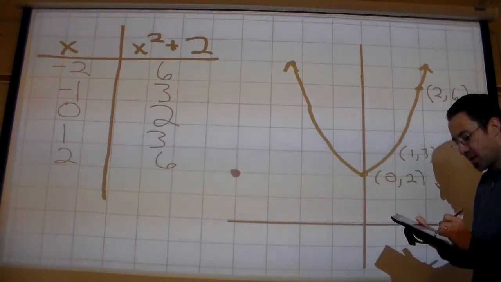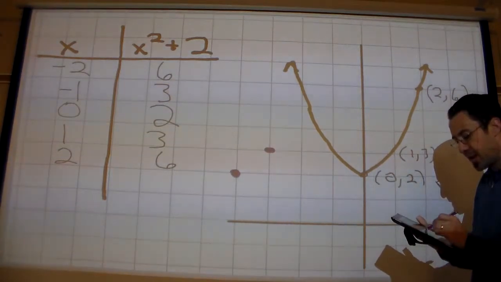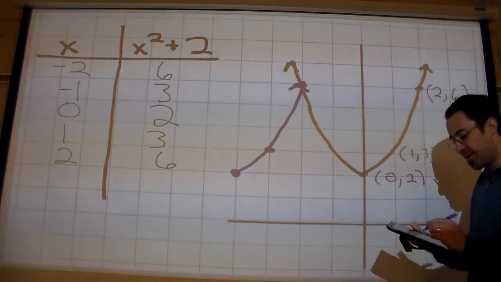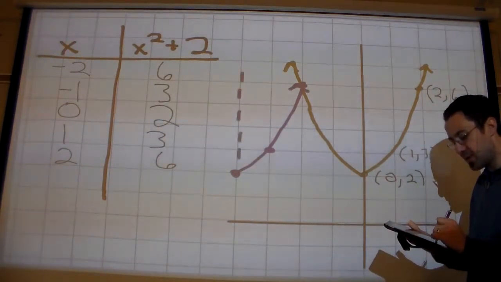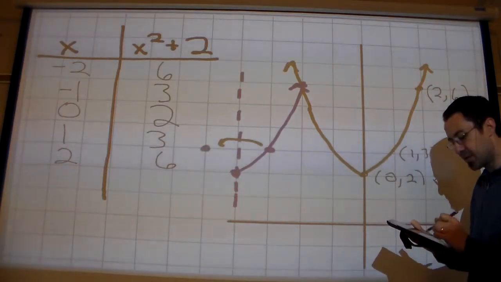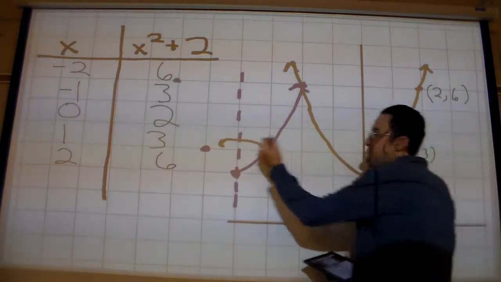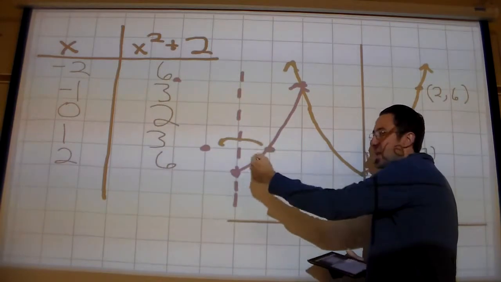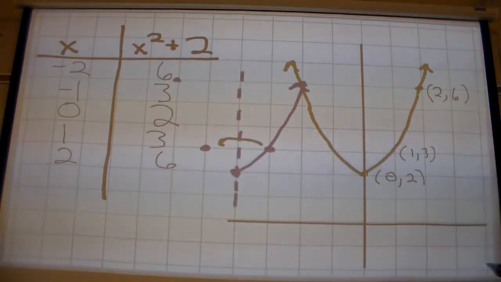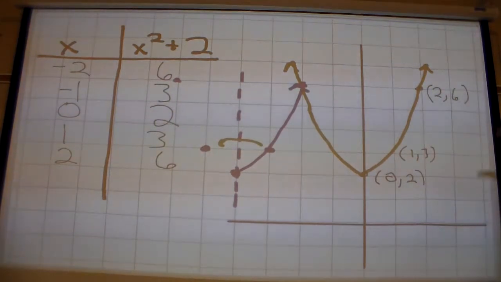And I know I go up 1 over 1, and then I'm right here. So I know at least that much. If I have an axis of symmetry, you just go to the other side, and you can mark the points on the other side to just match them over. So I don't even have to use that table. If I have part of it, I can match the other side. So it works. That's nicer to use on the graph instead of using the table.